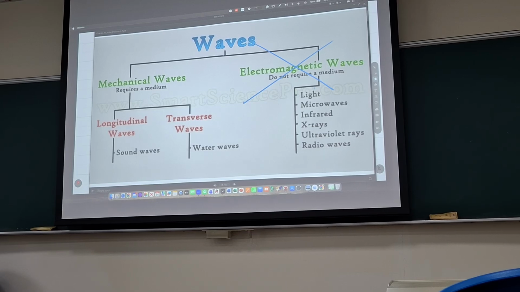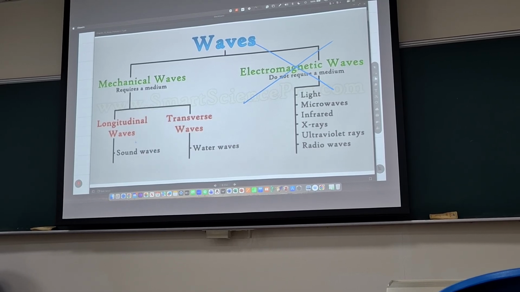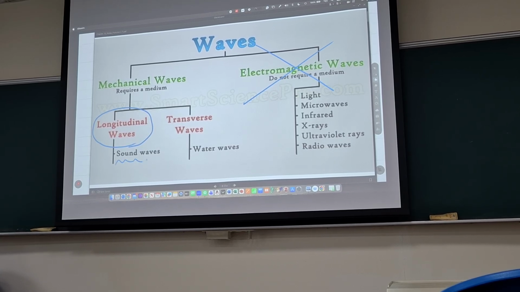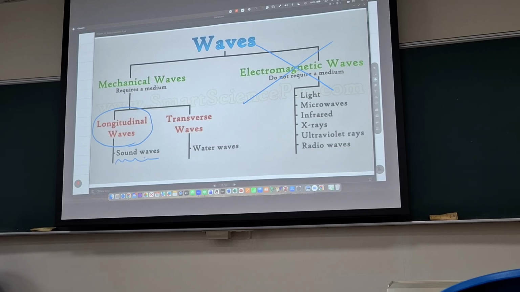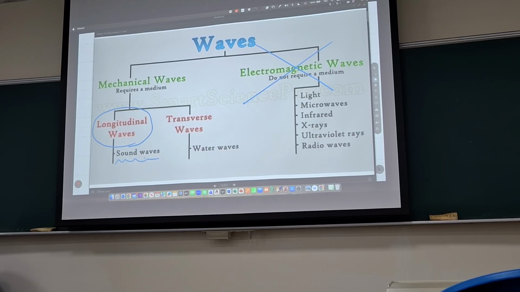Because we are going to talk about noise, we are going to talk about mechanical wave, especially longitudinal wave, which means the sound wave. Sound wave is one kind of longitudinal wave.